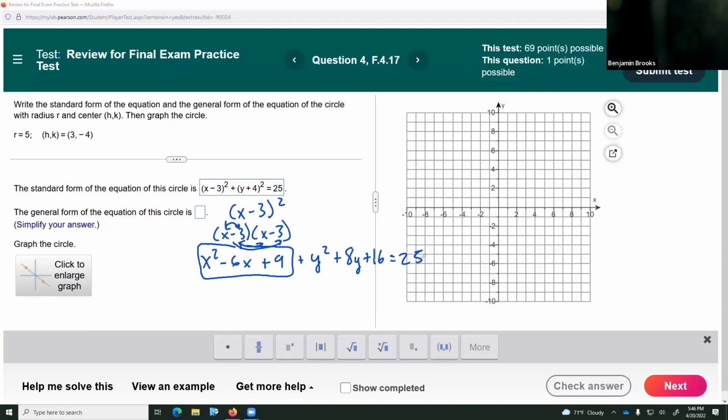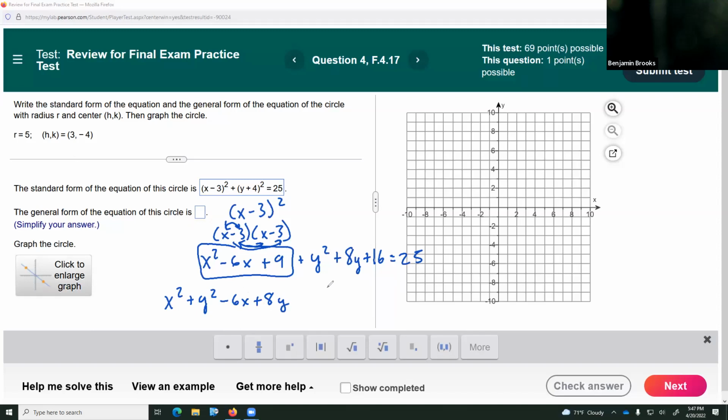Now, what we want is everything on one side. We'll put the squares first, then the linear terms, and then some number. So we're going to say x squared plus y squared first, then minus 6x plus 8y, our linear terms next. Then if you look at it, you end up with 9 plus 16, that gives you 25.